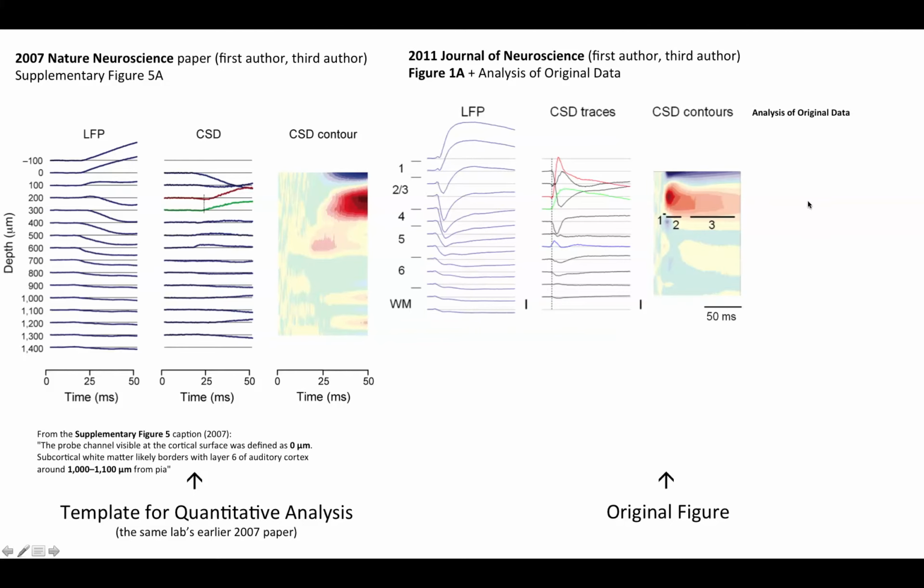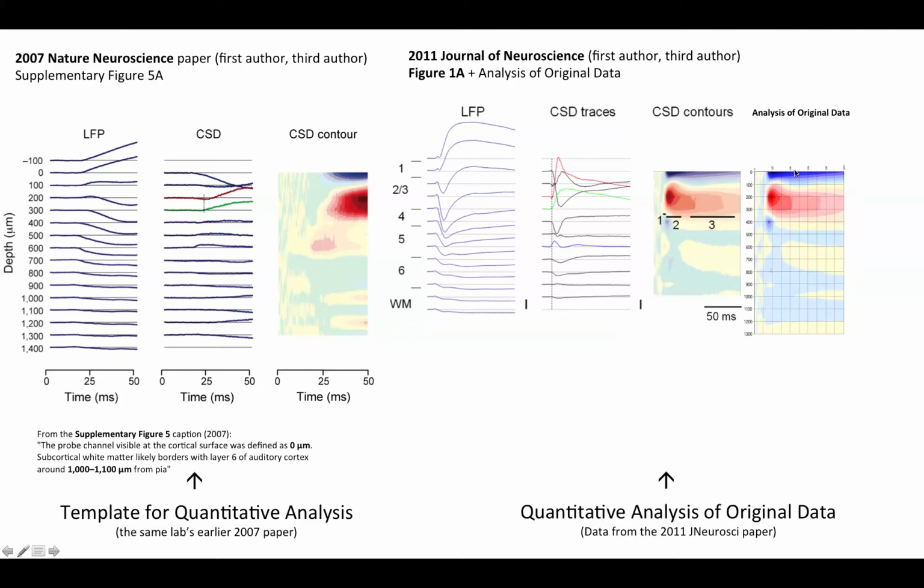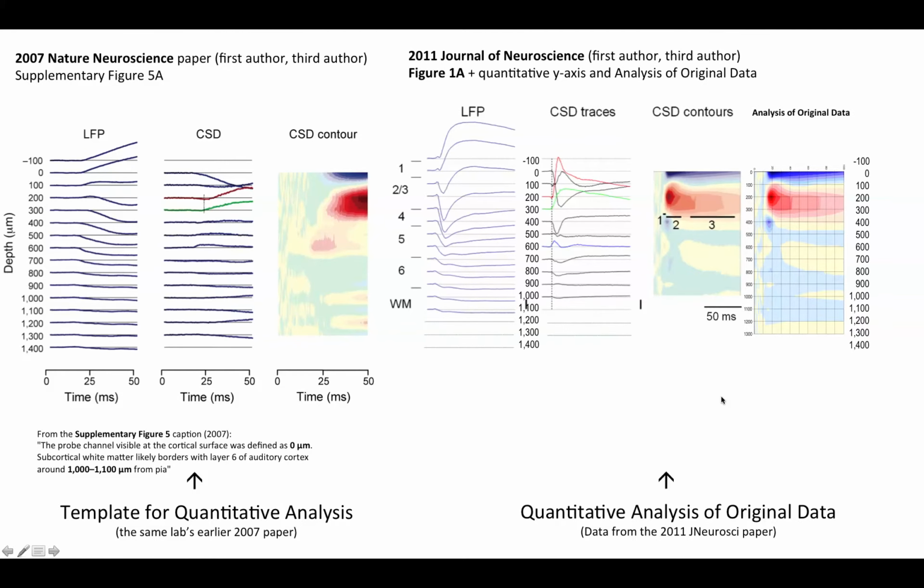So I have access to the original data, so I'm going to analyze some of that and put that right here. So here's my analysis of the original data, and what I have here is grid lines for each one of the CSD traces. So there are 14 CSD traces. First I'm going to add in the missing LFP and CSD traces, and then I'm going to add in the quantitative y-axis.